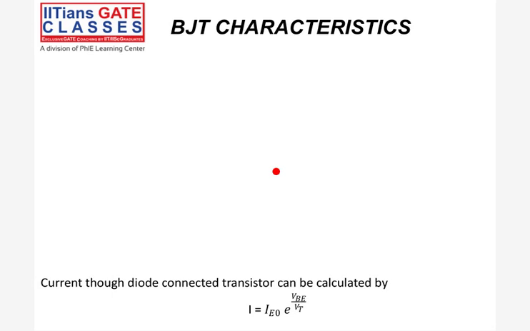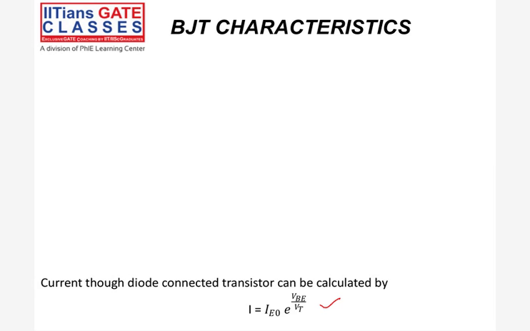Here I have written the expression: I is equal to IE naught e to the power VBE divided by VT. This I is IC, the collector current, remember, as shown in the diagram in the first slide. So we should remember this.